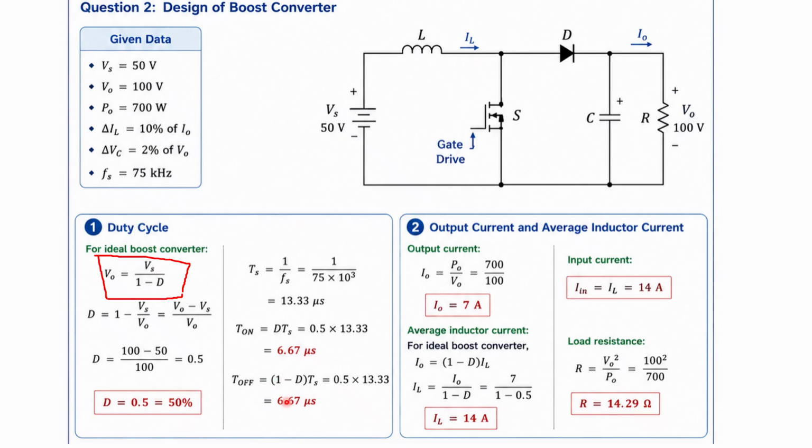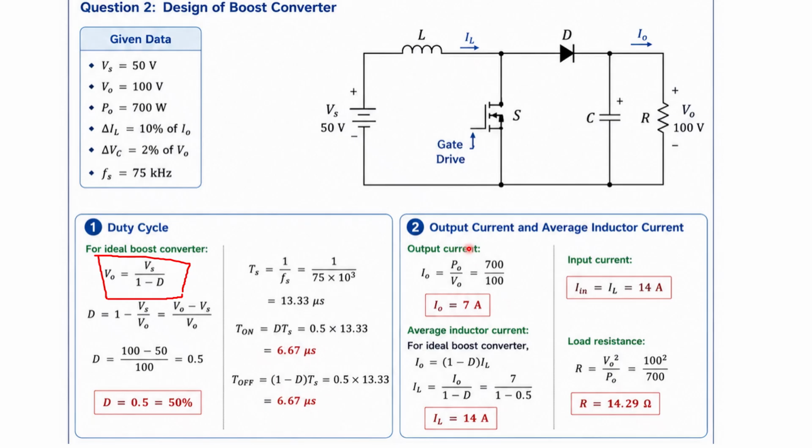T off is 1 minus D Ts, 0.5 into 13.33, that is equal to 6.67 microseconds. Because this is 50%, your T on time is equal to T off. Duty ratio is 50%, so on time is equal to off time.